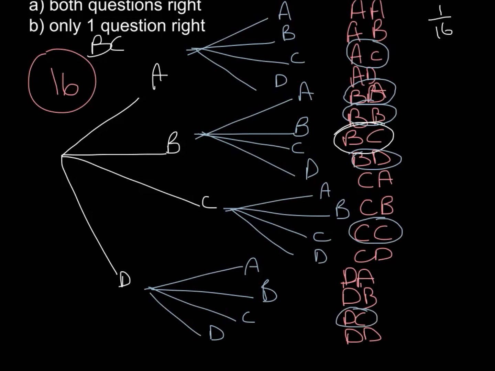So there's actually 6 different ways he could have got one question right. So the probability he got one of them right is 6/16, okay, which simplifies to 3/8. Notice that probability that he got one right is actually still less than a half, so there's less than a 50% chance of you guessing 2 correct or even one correct answer on 2 multiple choice questions. So the moral of the story is study for your test.